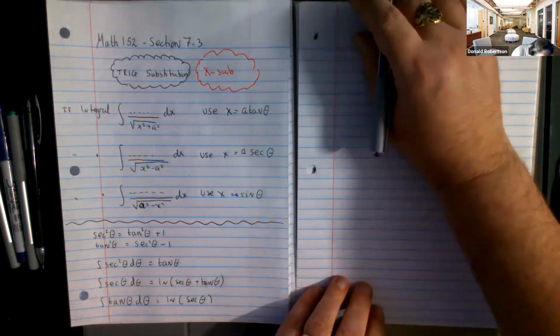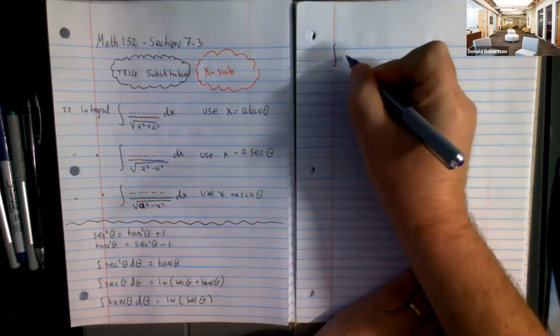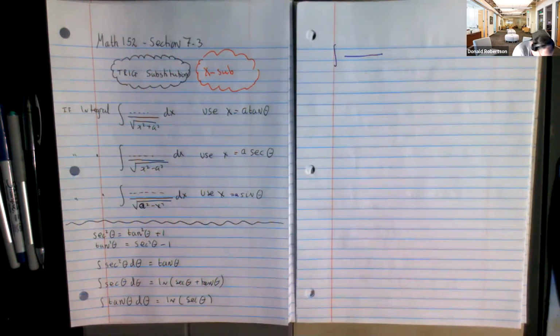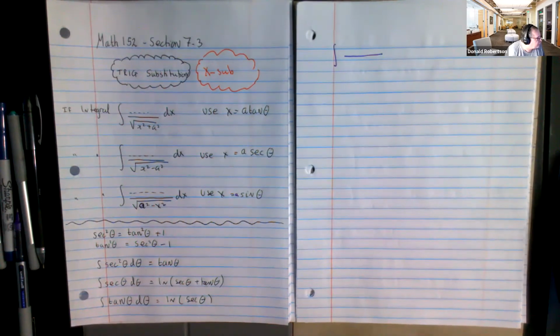So let's go right in and show you an example. Suppose I wanted to integrate, let me find a question that's like this one so we can use it as a template.